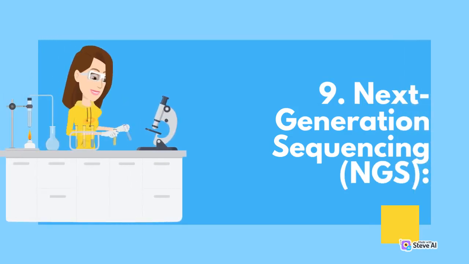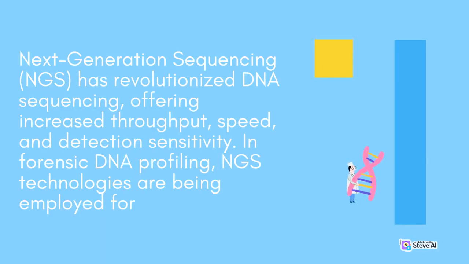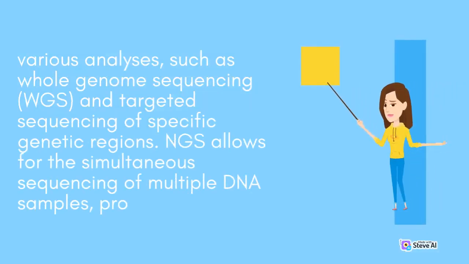9. Next-generation sequencing, NGS. Next-generation sequencing has revolutionized DNA sequencing, offering increased throughput, speed, and detection sensitivity. In forensic DNA profiling, NGS technologies are being employed for various analyses, such as whole genome sequencing, WGS, and targeted sequencing of specific genetic regions.